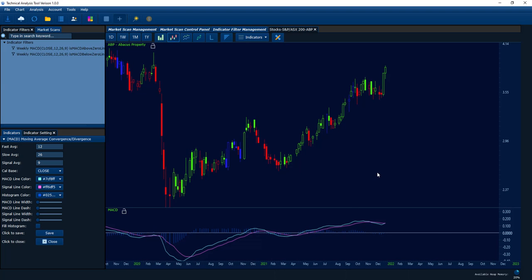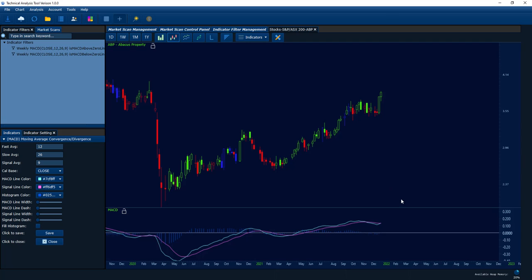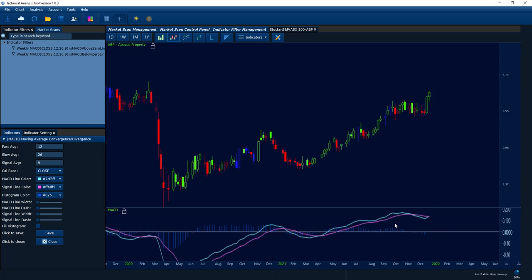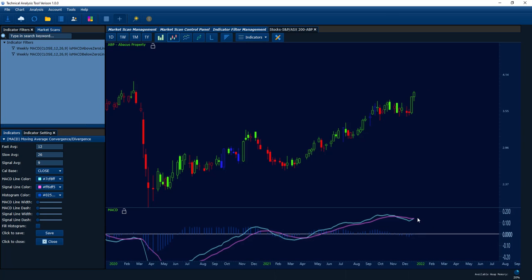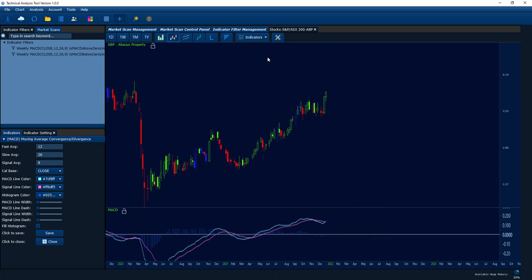That means the fast moving average is at the moment above the slower moving average. So that usually happens when the price is going up. And also the MACD line is above the signal line. So the light blue one is slightly above the pink signal line. Okay, so that's a good result.